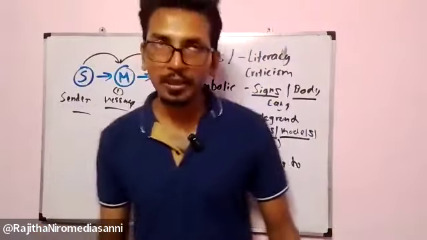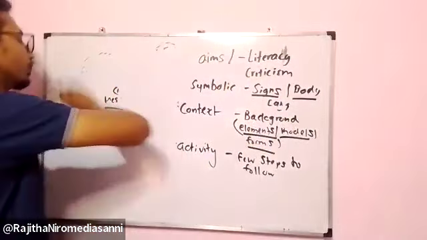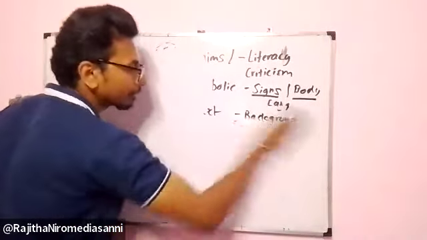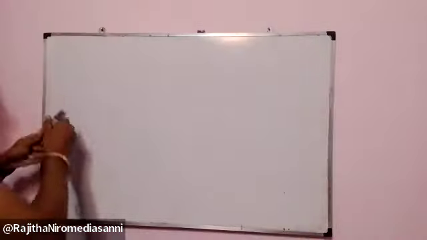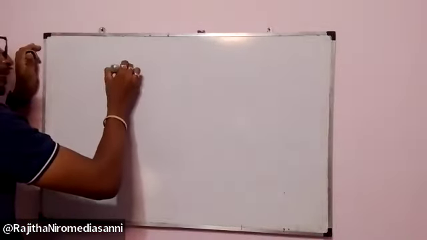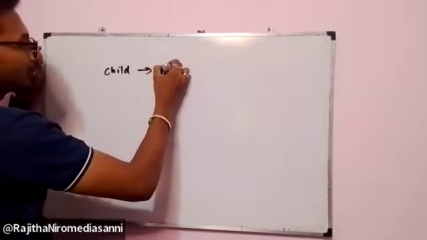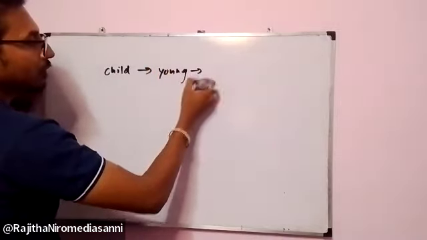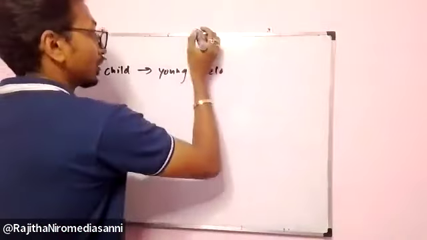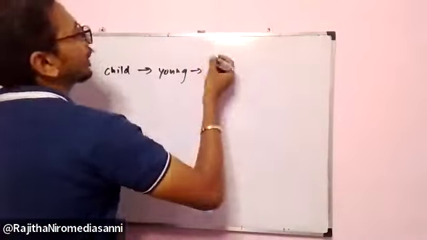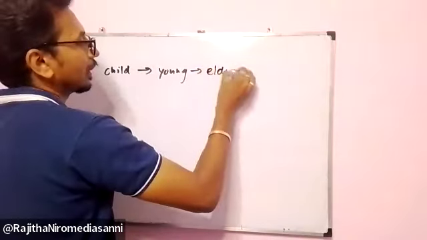In our lifestyle, what are the steps to follow? In our life, there is the child stage, then the young level, then elder. Elder does not mean old; I mean 40, 50, 60 is the elder stage.